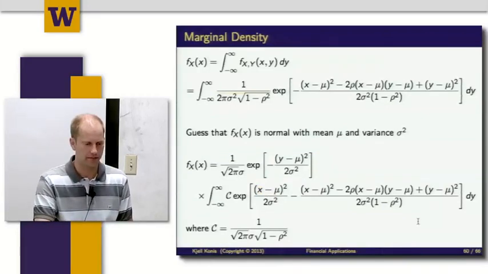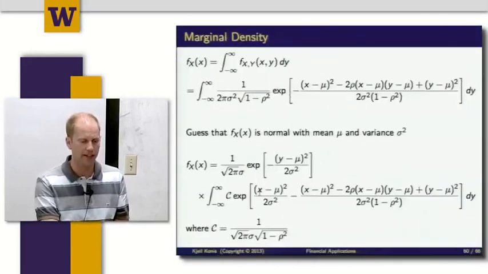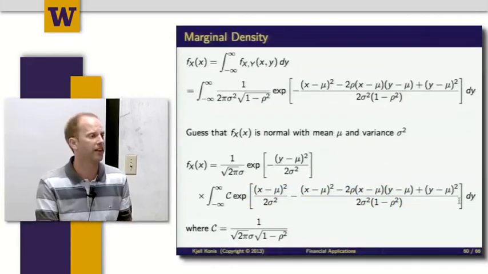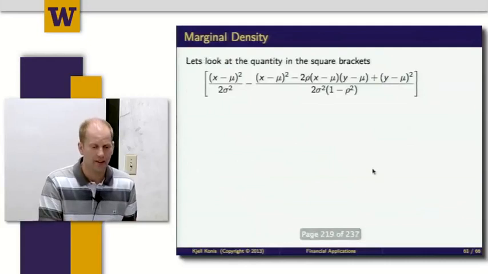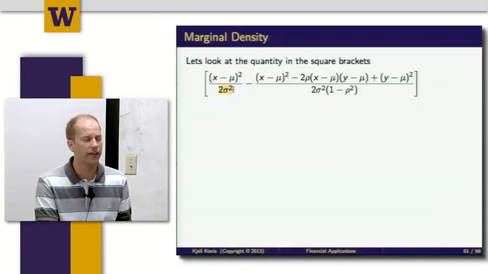Thank you. Okay. So now what I want to do is look at the part that's in the square brackets. So if I go back, I'm looking at this square brackets here. I want to simplify that. So this is the bit in the square brackets. If I wanted to do this subtraction, then I've got 2 sigma squared in the denominator here, and 2 sigma squared times 1 minus rho squared in the denominator here.